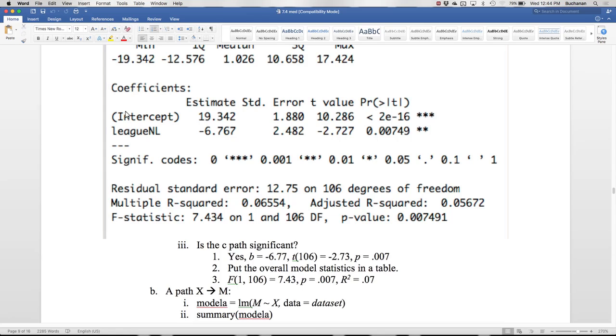P is 0.00, if I don't round up. I would also say yes, the overall model is significant. Oops, 106.